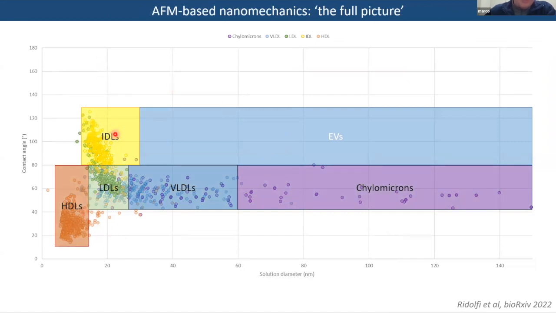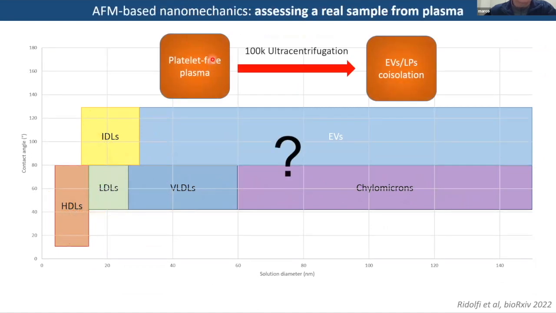So this is all the scatter plots from LPs superimposed, and we can assign each region tentatively to a biological identity in this way. And we checked what happened. The lab of Marina Kretic in Milan took platelet-free plasma from a healthy donor. They centrifuged that, and we know that this usually results in the co-isolation of EVs and LPs.